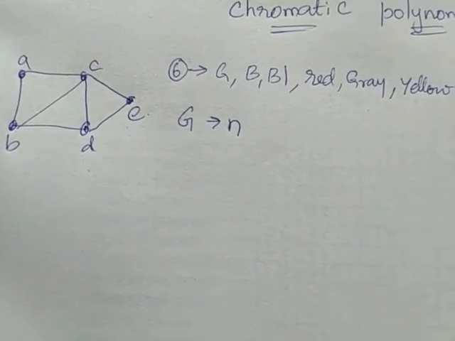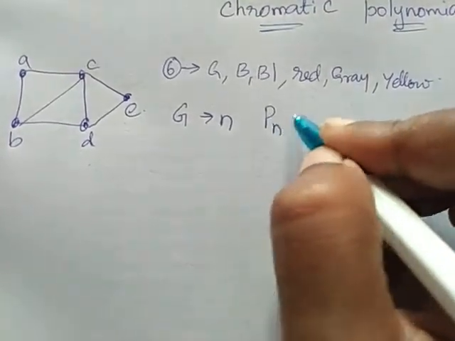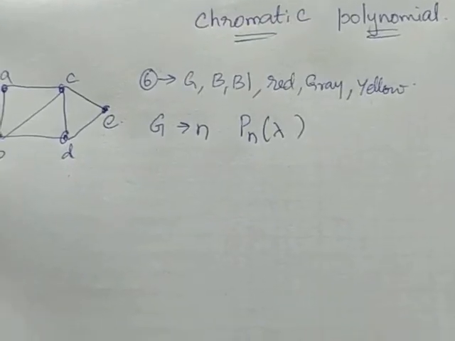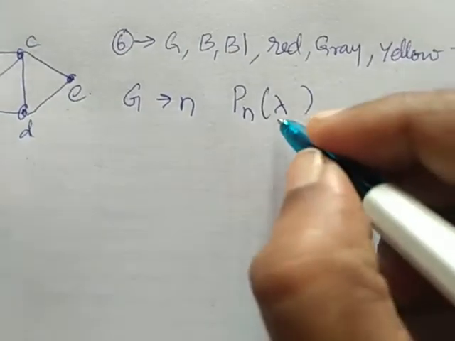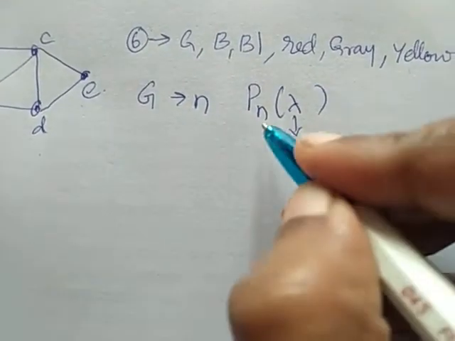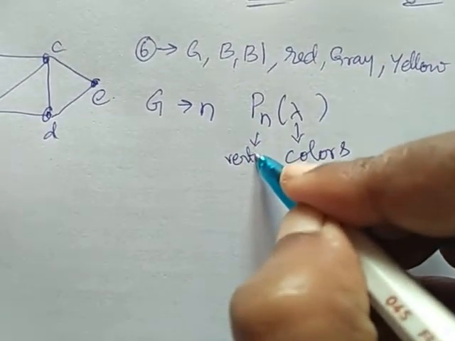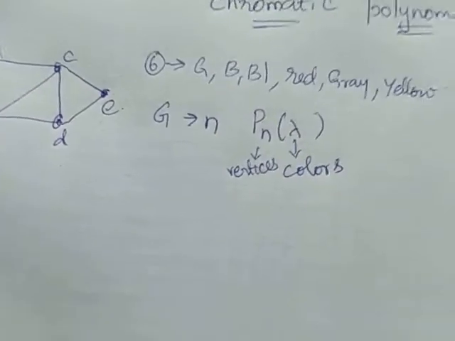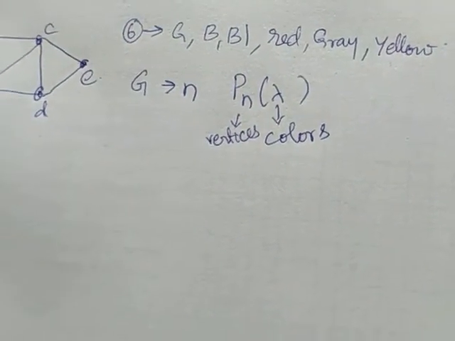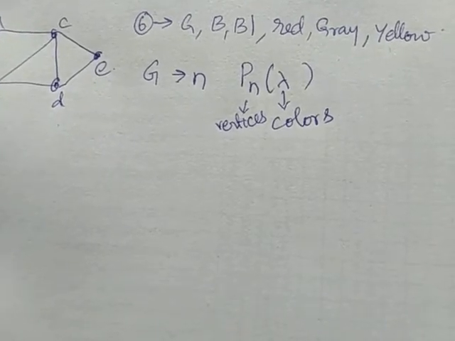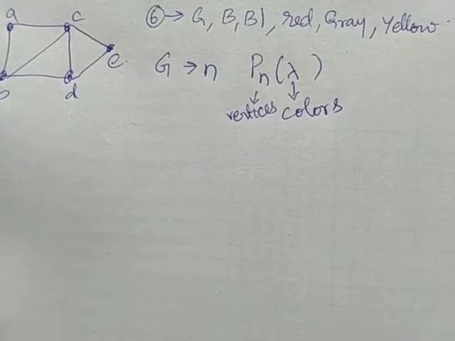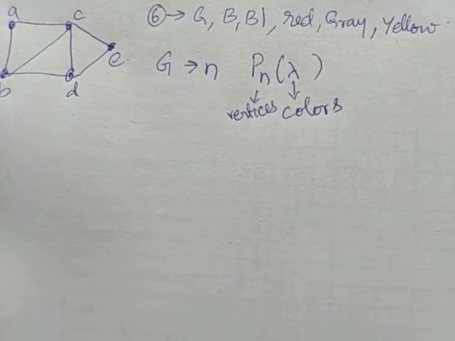And this chromatic polynomial is denoted by Pn of lambda. What does this Pn of lambda denote? Lambda is the number of colors which you have. It may be any number of colors. n is the total number of vertices in a graph G. And P denotes polynomial. So chromatic polynomial means it's an expression which gives us in how many ways we can color a graph properly using a given number of colors.